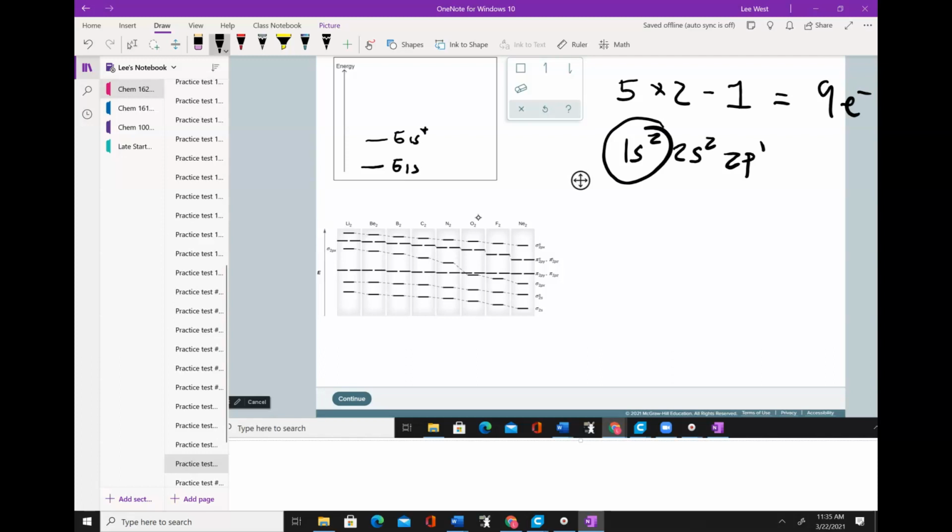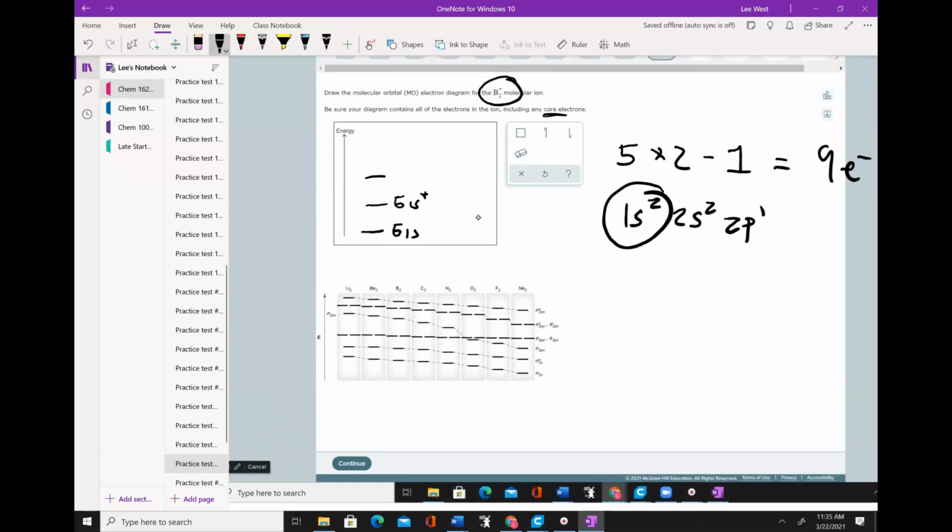It's going to go sigma 2s star, and then our pi 2p comes next, and then our sigma 2p. You just have to be aware that the first 3 get pi first. So sigma 2s star, pi 2p, sigma 2p, and then we've got the pi anti-bonding.